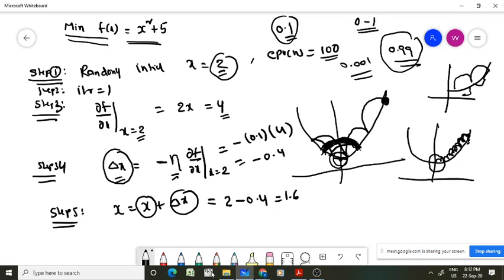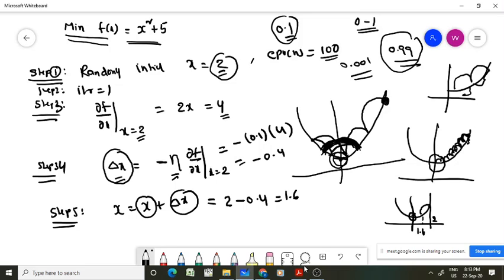That means the function was at 2, and now it is moving from 2 to 1.6. It is slowly moving towards your optimal point. It is 2 and it is 1.6, so it is slowly moving towards your optimum point. I think you agree here, right?